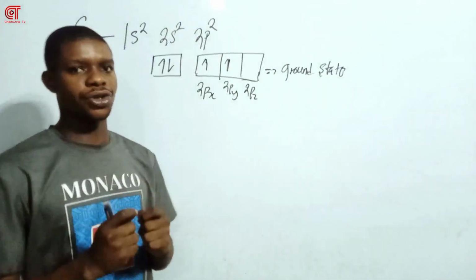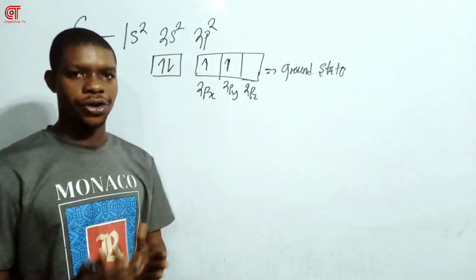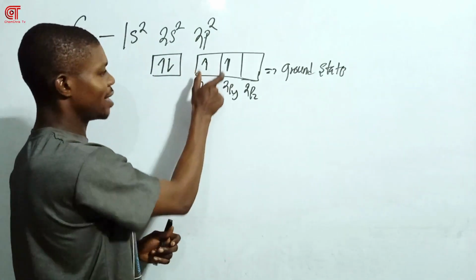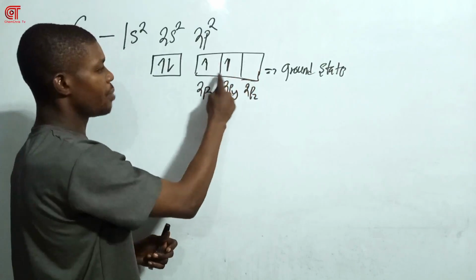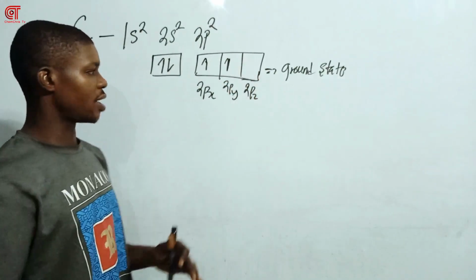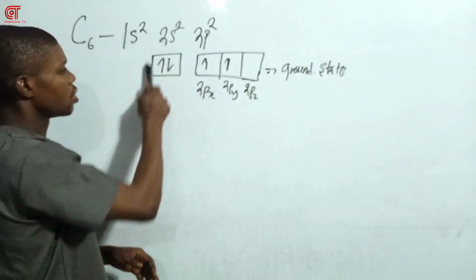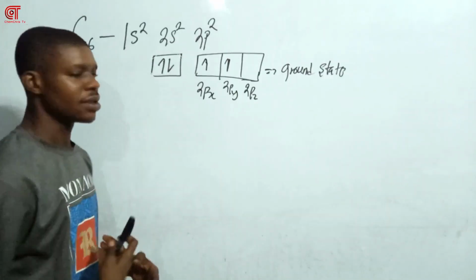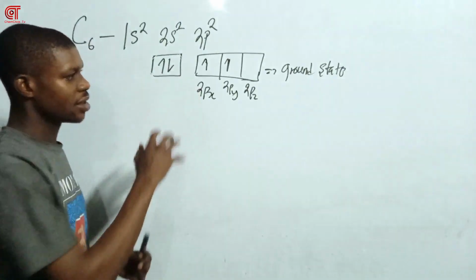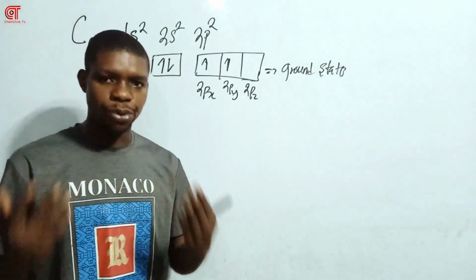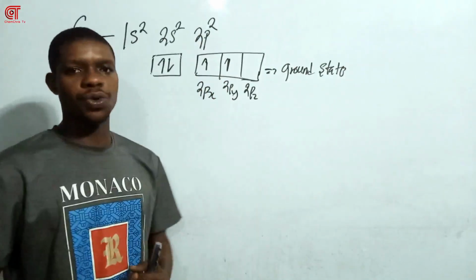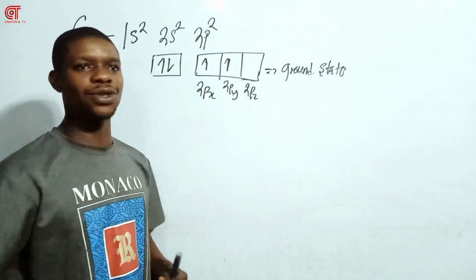In the ground state configuration, carbon has two unpaired electrons, one empty orbital here, and a paired electron here. Normally, carbon does not use the ground state configuration in bonding because it only has two unpaired electrons. So we have what we call the excited state of carbon.